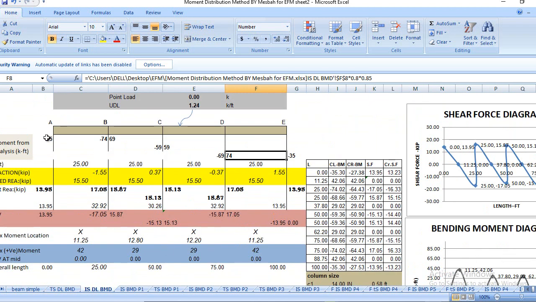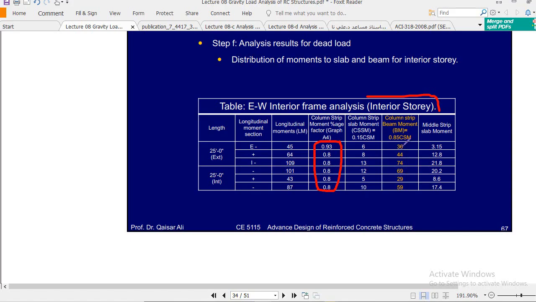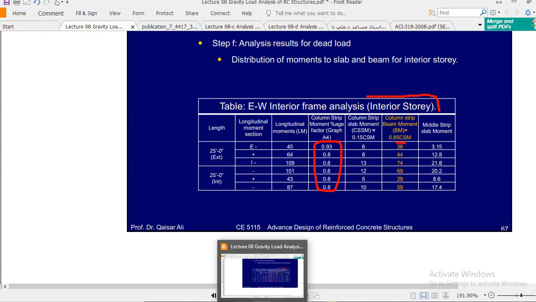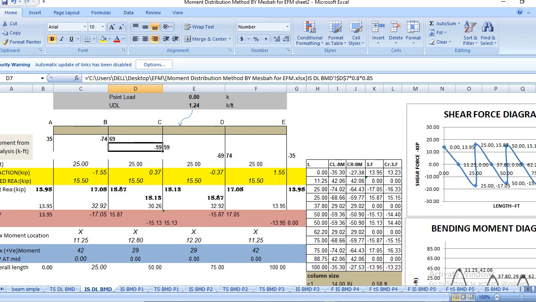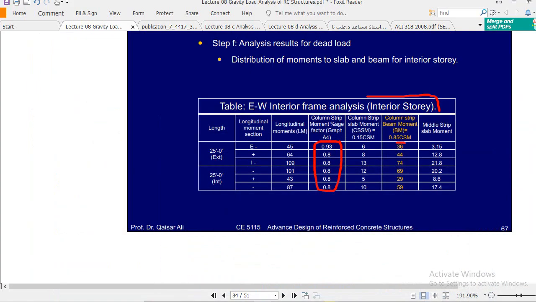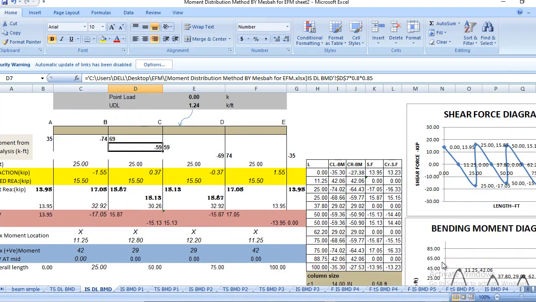Okay, so you see 35, 74, 69, 59. I already shared this one. This is 36, and here in my table it is 35. Here I have 44, this is positive moment. So I have 42.